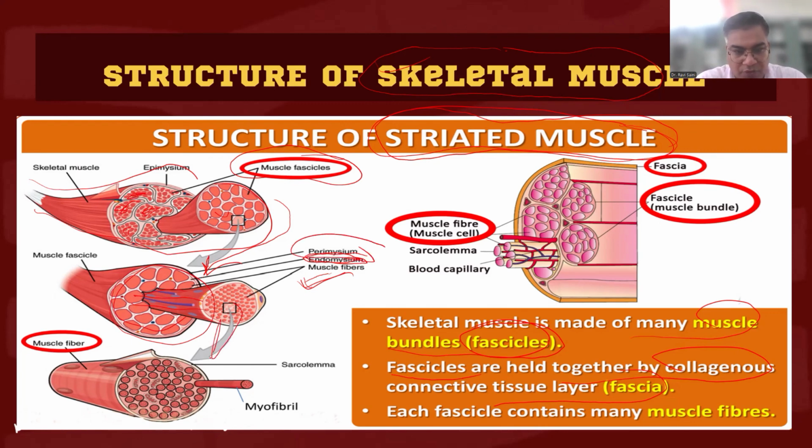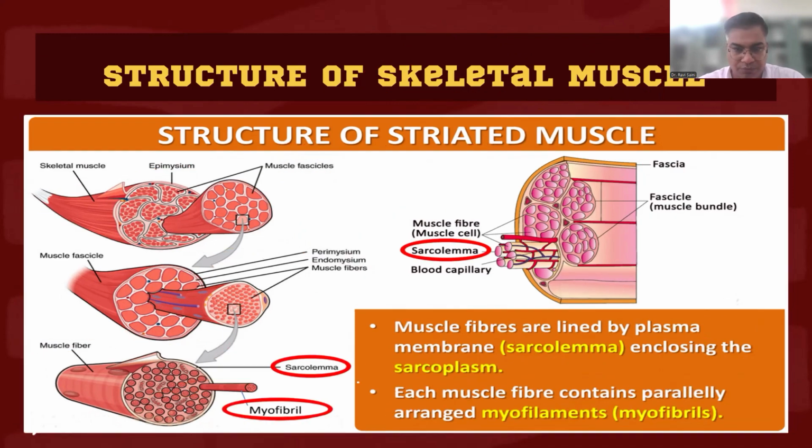If we take one muscle fiber, it is made up of many myofibrils. These are smaller fibers made up specifically of actin and myosin filamentous proteins.